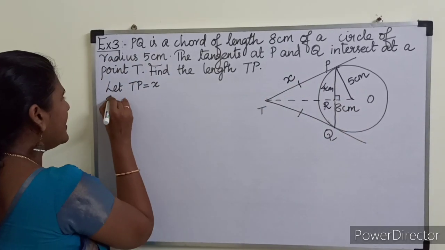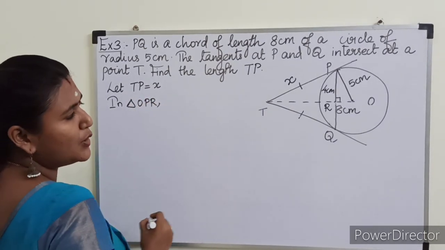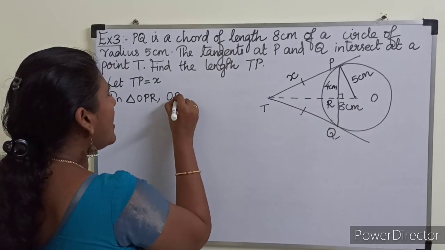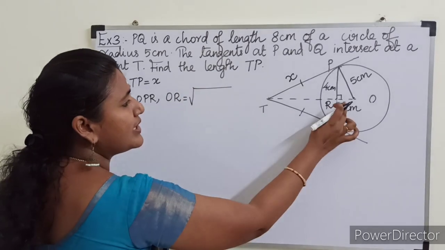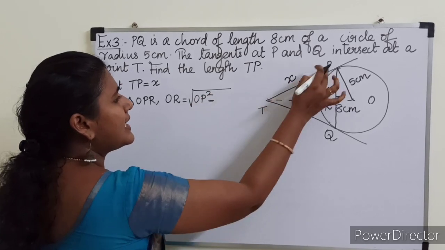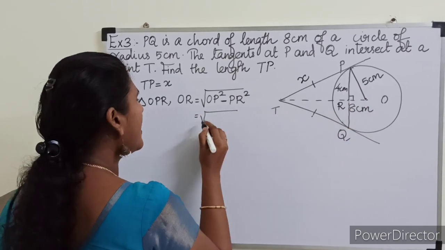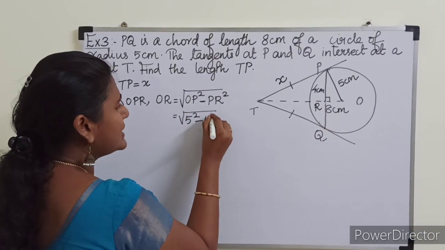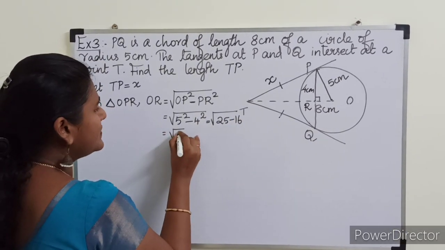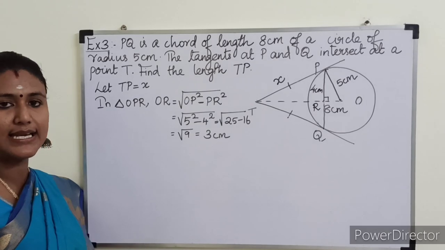So OR is equal to the square root of OP square minus PR square, that is root of 5 square minus 4 square, that is 25 minus 16, which is root 9, which is equal to 3. So we got OR length as 3 centimeter.